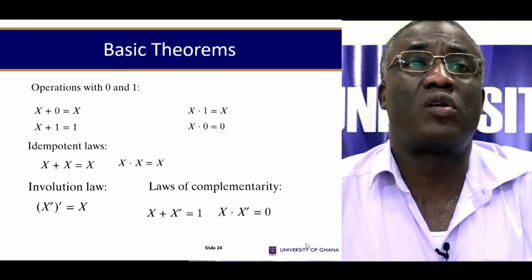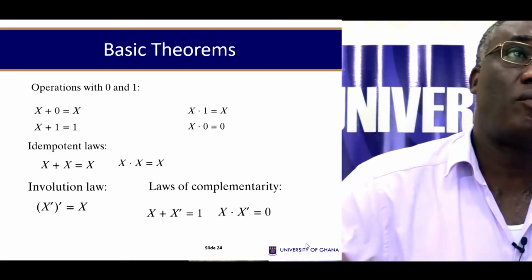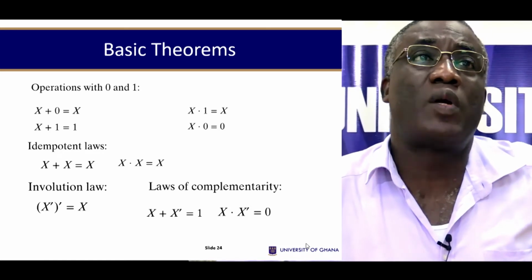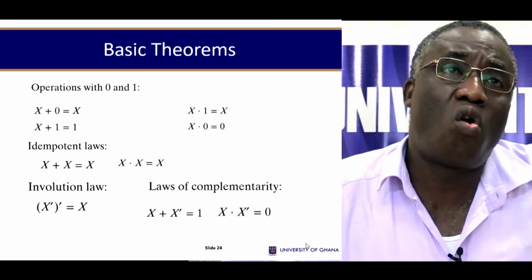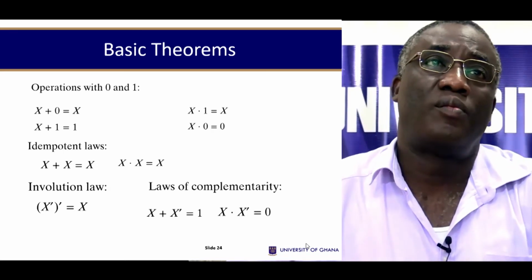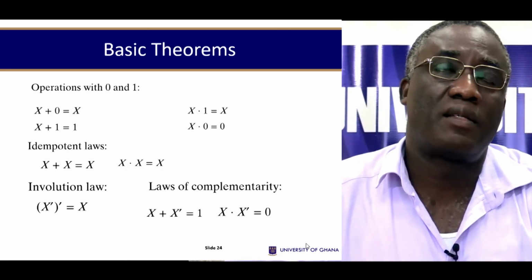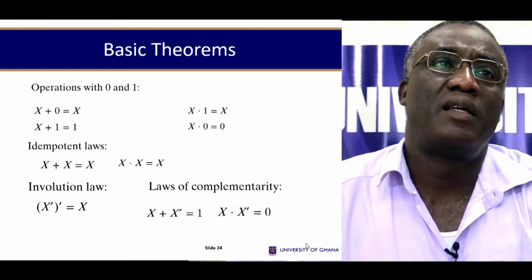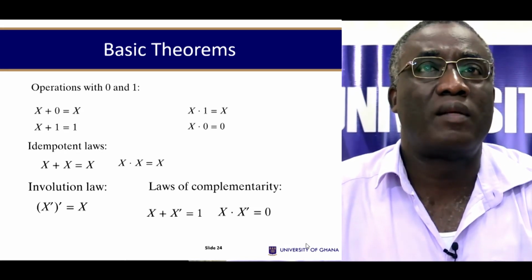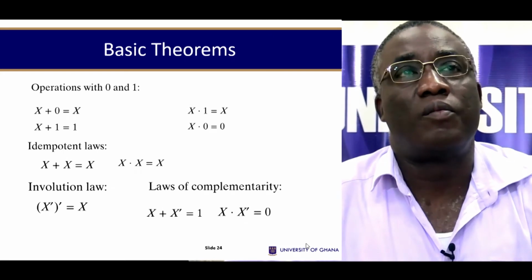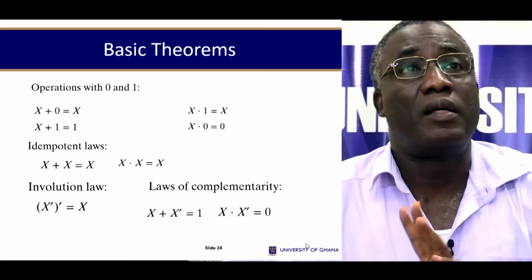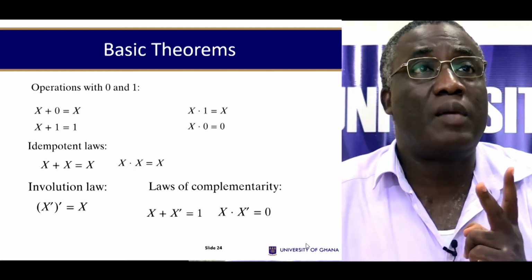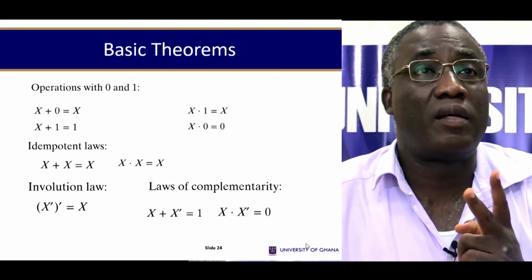So what are the basic theorems? Let's look at them. Operations with zeros and ones. x or 0 is x. x or 1 is 1. Yeah? You can understand why, because remember, the variables there can either be 0 or 1.